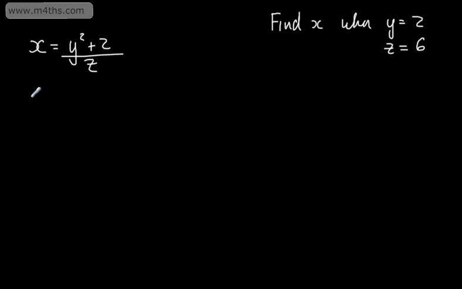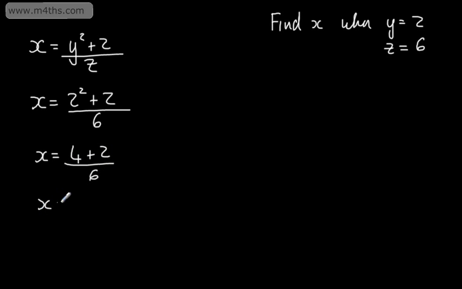So all we would do is write that x is going to be equal to 2 squared, that's the value of y, plus 2, divided now by z, which is going to be 6. So x is going to be equal to 4 plus 2 divided by 6. And we had x is equal to 6 over 6. So x would be equal to 1.